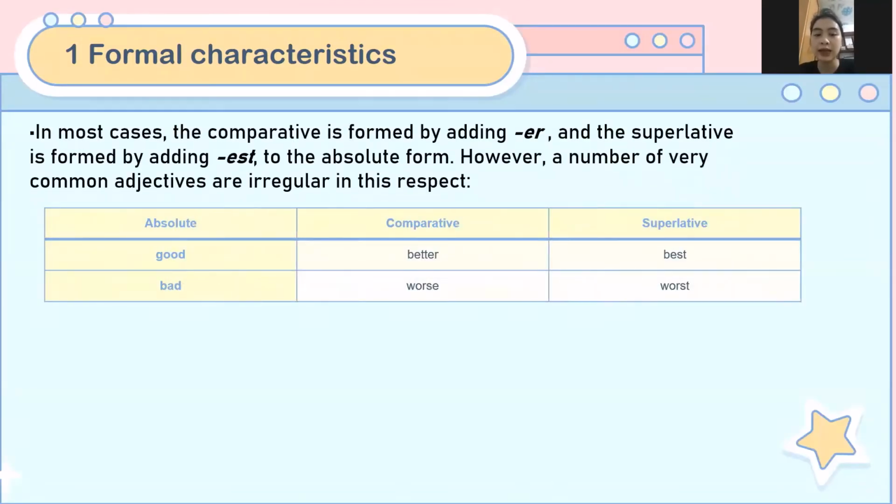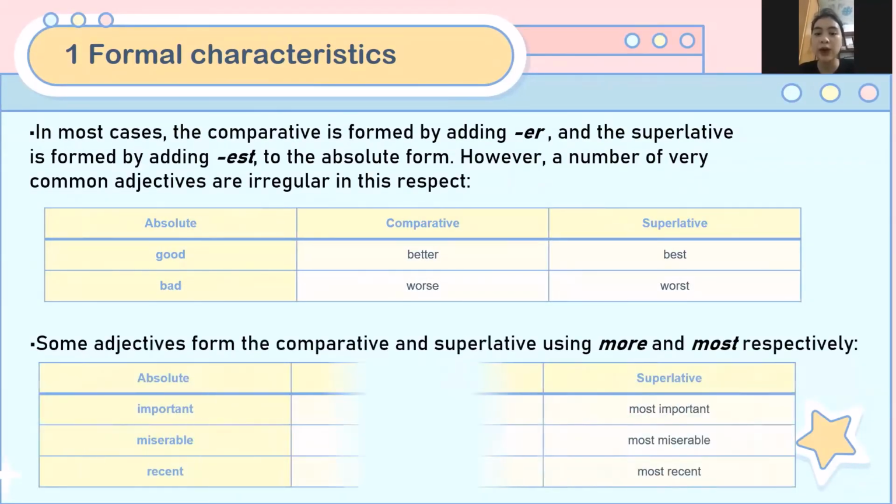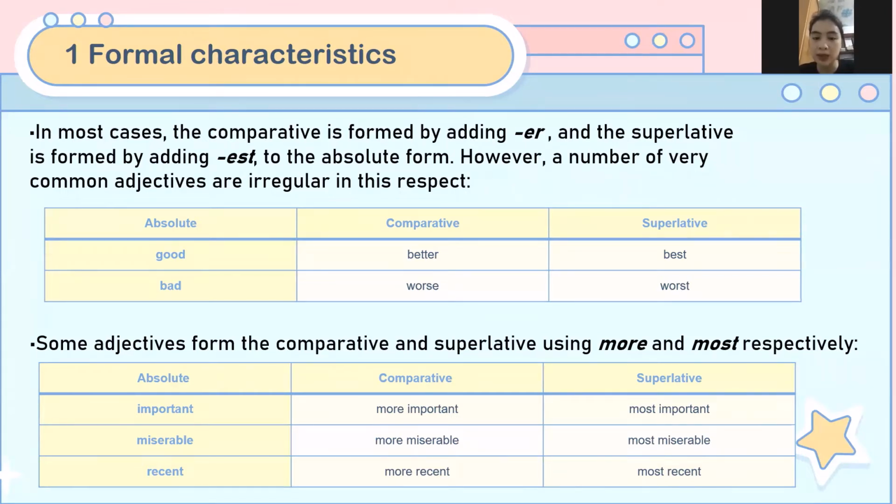Second, in most cases, the comparative is formed by adding -er and the superlative is formed by adding -est to the absolute form. However, a number of very common adjectives are irregular in this respect. For example: good, better, best; bad, worse, worst.